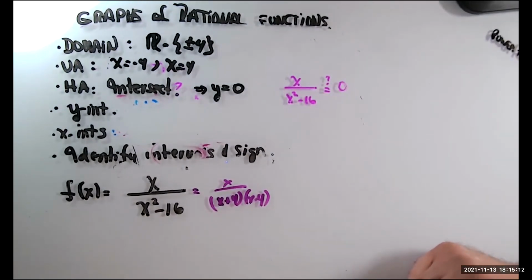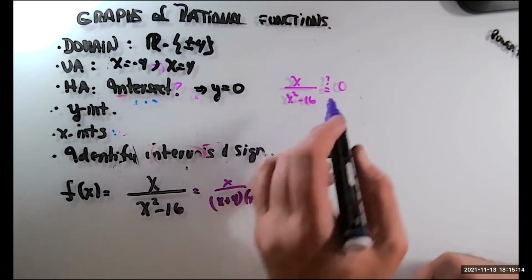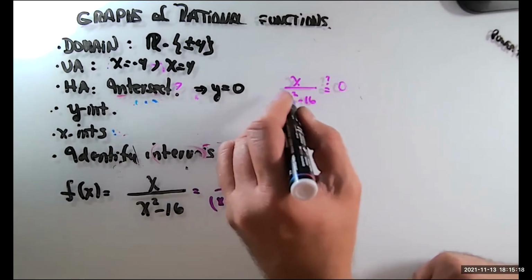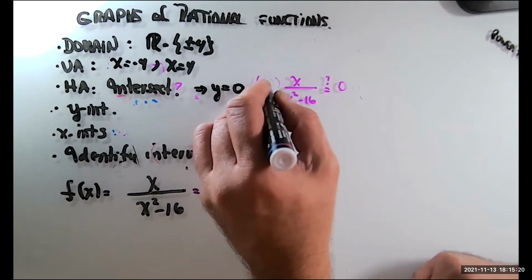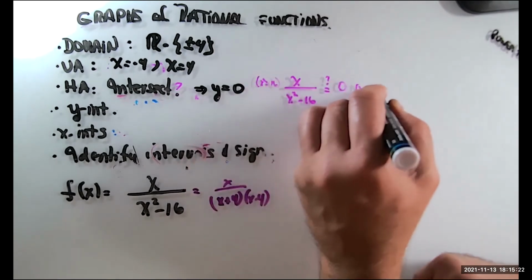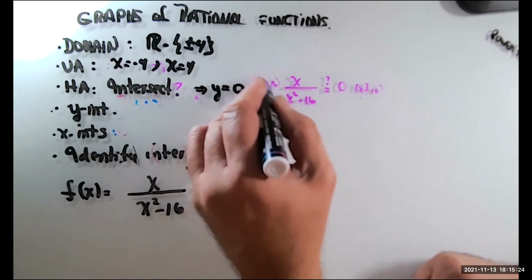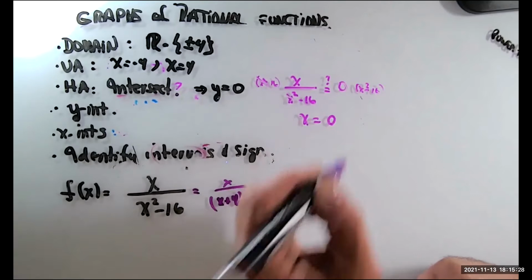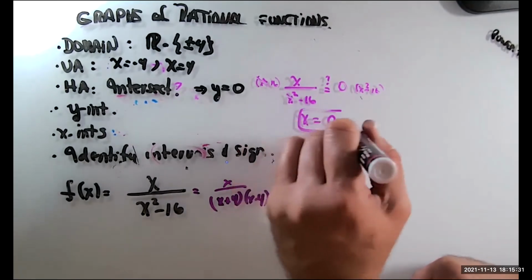Okay, so let's go ahead and find out. We multiply by the LCD. So of course, here multiply by x squared minus 16, and the x squared minus 16 eliminates. So we have x equals 0. Yeah, we were able to solve it.